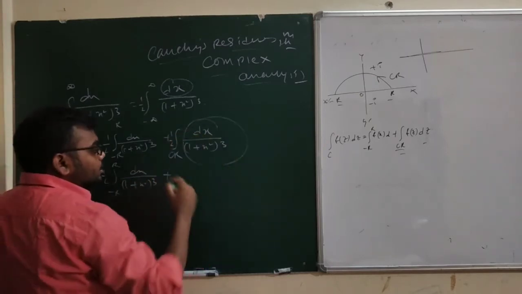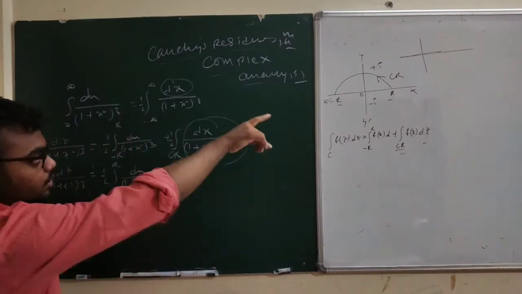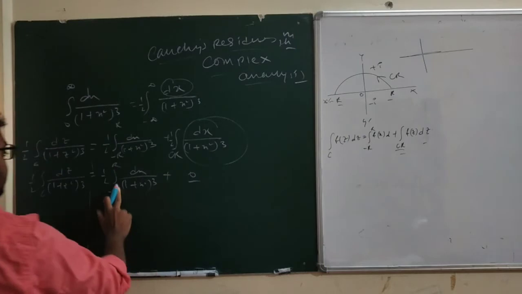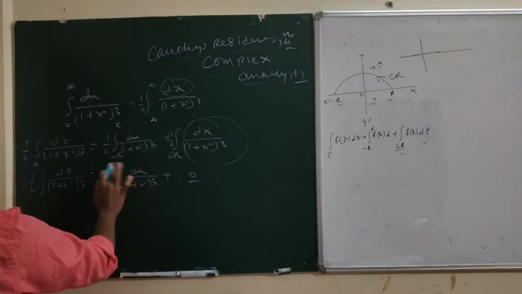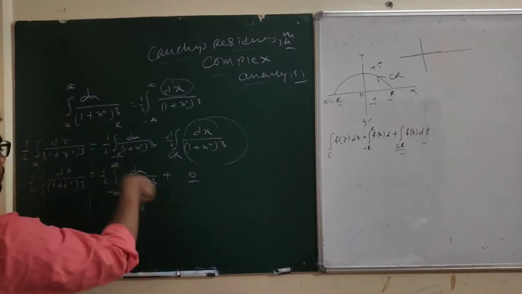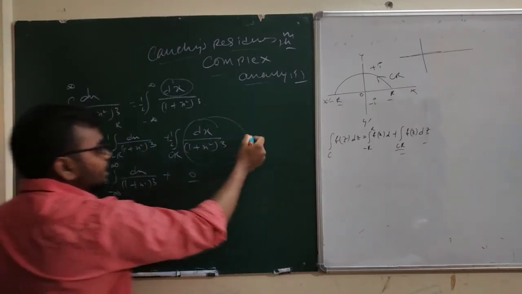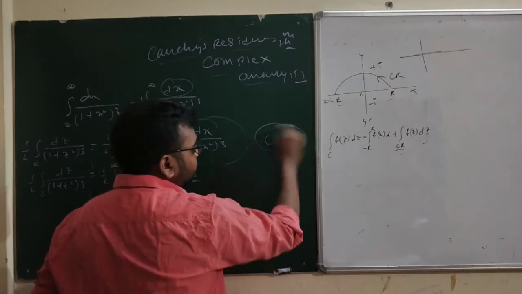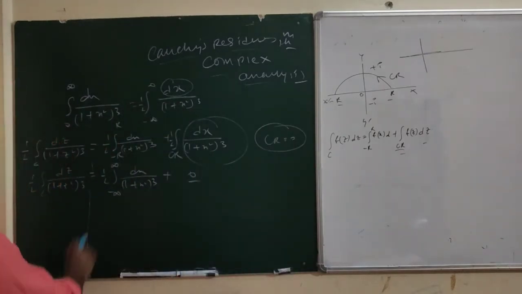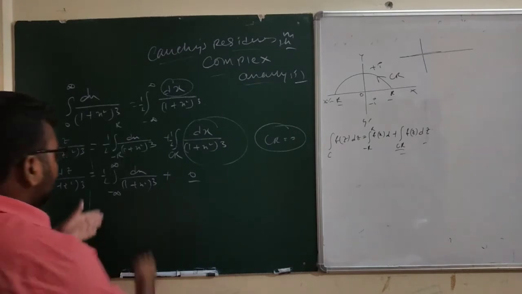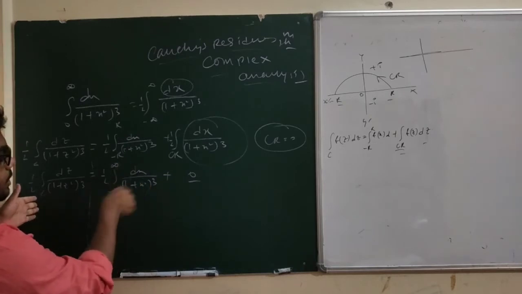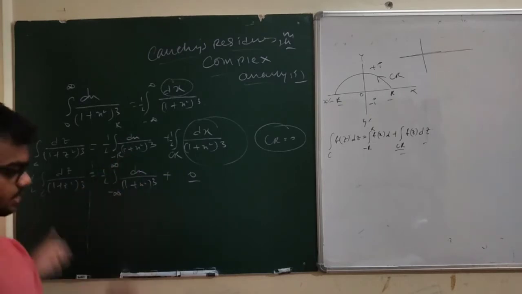Taking the limit as R goes to infinity, the C_R integral becomes 0. Now if you simplify this, you get this integration.